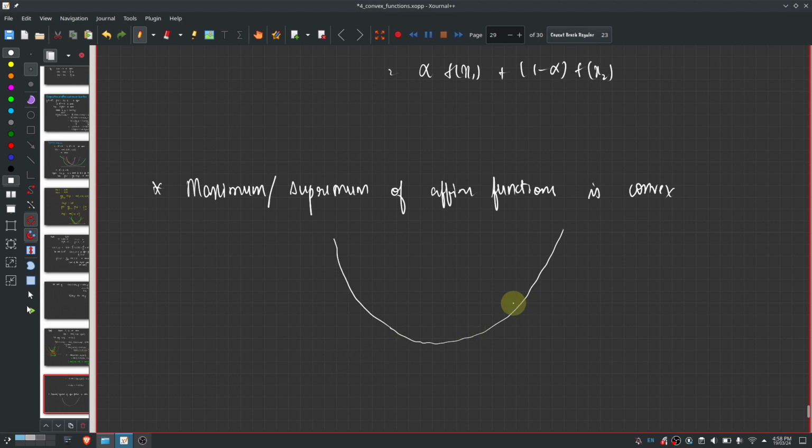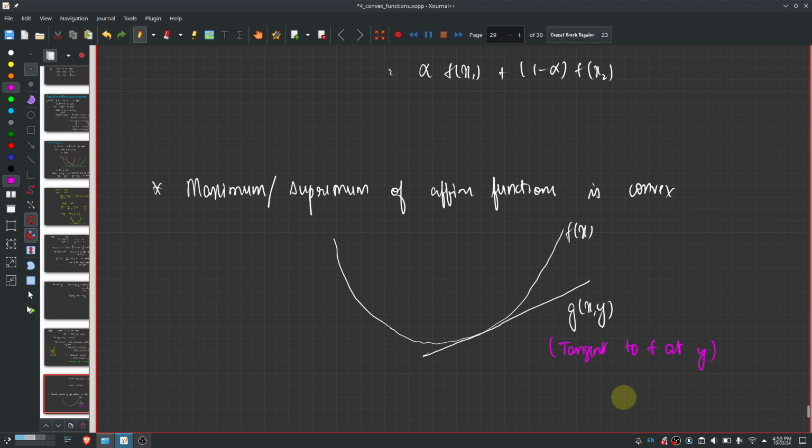So let us define. This is my f of x, and let me define g of x comma y as the tangent to f at the point y.